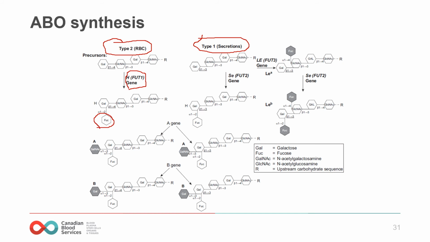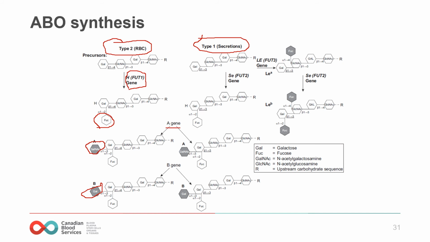Then, in order for us to make our A or B, we have other genes. So for example, the A gene can then go and add another sugar, which is a GalNAc here. Or for the B, we can add just a galactose here. Or they can act together and we get some A and some B. Now, this is important, and it may ring bells now for you, because we know that if you have an A1 versus an A2, you have more or less of the A antigen.